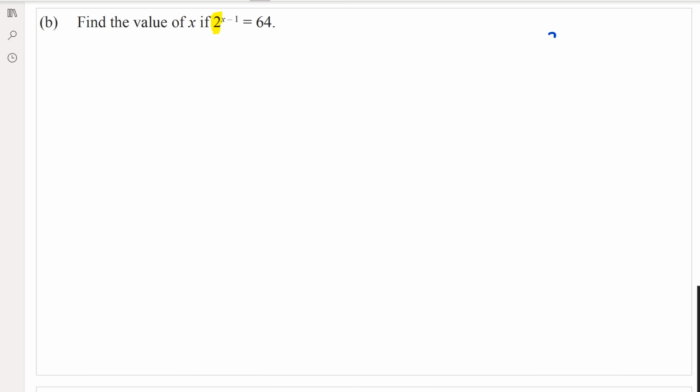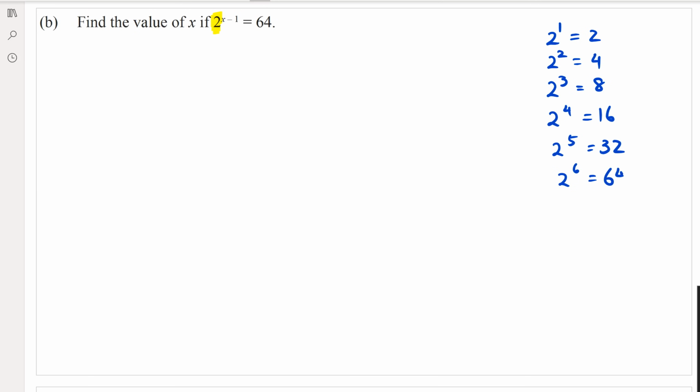So on the side here, 2 to the power of 1 is 2, 2 squared is 4, 2 cubed is 8, 2 to the power of 4 is 16, 2 to the power of 5 equals 32, 2 to the power of 6 equals 64.